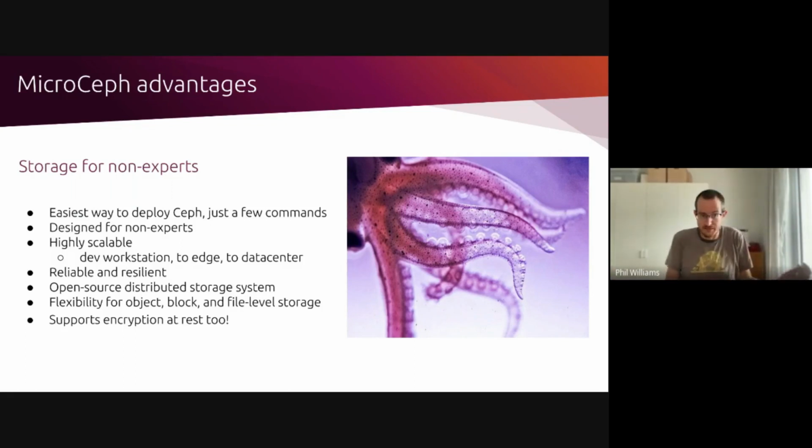And of course, it's Ceph, so it's reliable, it's resilient. Ceph's number one job is to keep data safe. It's the founding thought of a Ceph cluster, so that still remains. And we have great flexibility. Object storage, block storage, file storage, all available from that single cluster. And one of the most common requests we see in Charmed Ceph is around having encryption at rest.